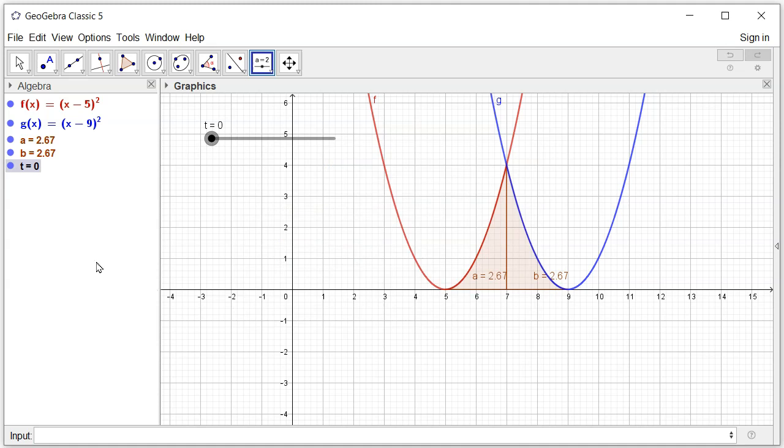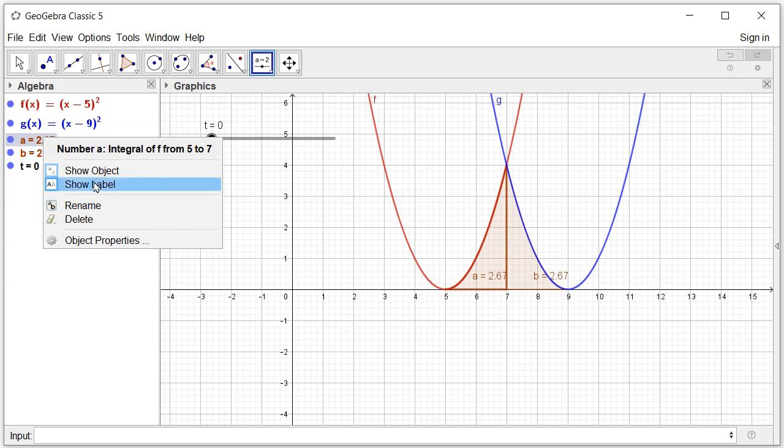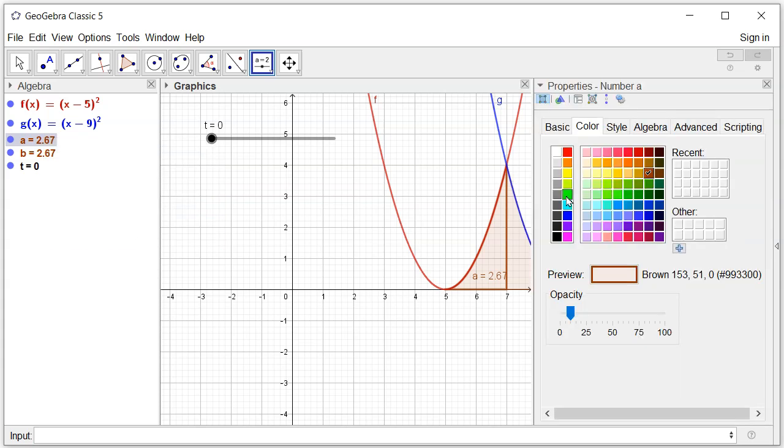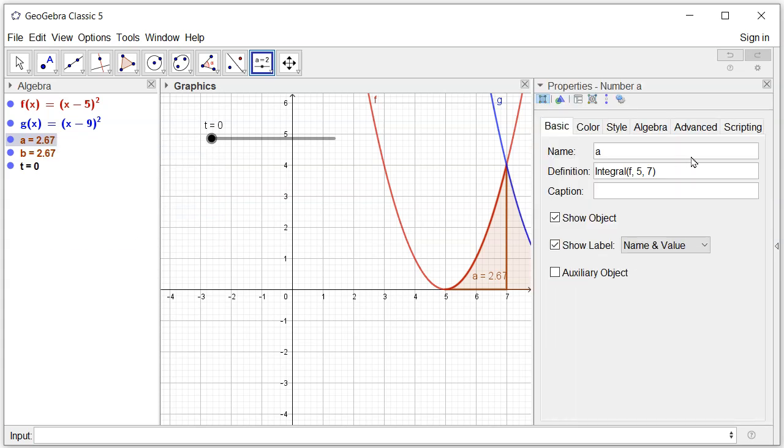Then I'm going to change this integral, actually the integral was this one, right? I'm going to slide it over to the right 5 units, using the slider to move it over. So you have x plus t there, 5 minus t, 7 minus t, right?